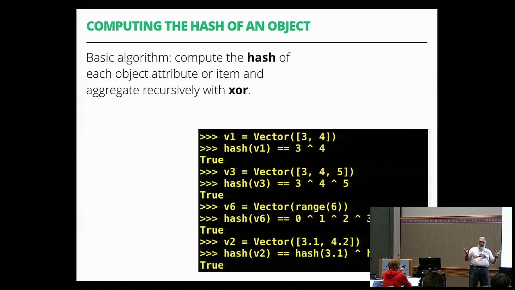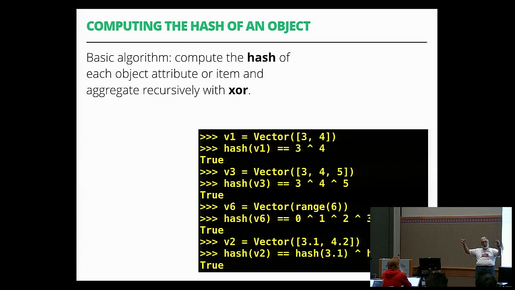It just so happens that the hash of small integers in Python are the integers themselves. So I can do this demonstration. I can't do it with floats because the hash of a float doesn't look anything at all like the float, except for round floats, because of the requirement that 3 equals 3.0.